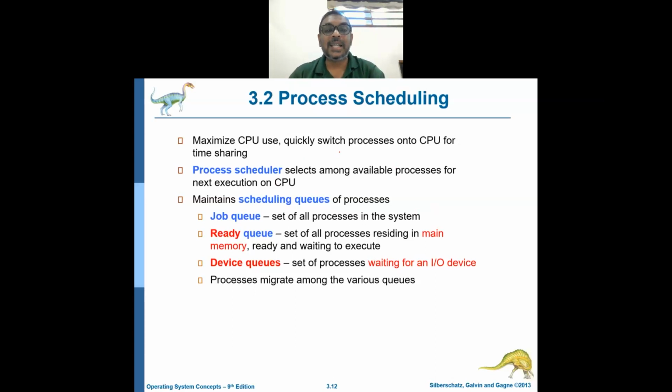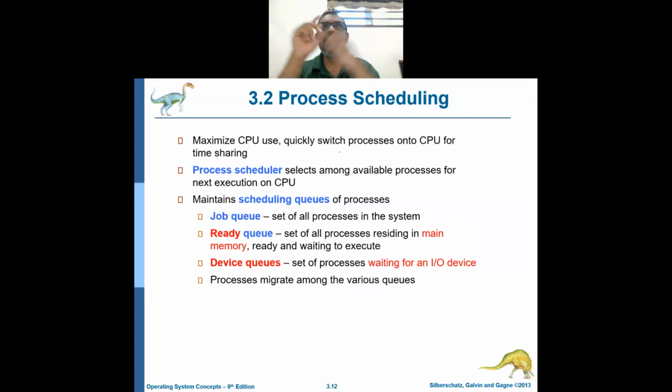The process scheduler selects among the processes for next execution on the CPU. So there is a software called the process scheduler which chooses each process from the ready queue into the CPU.